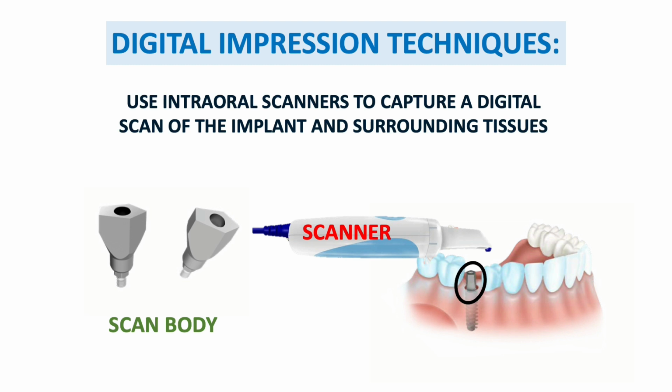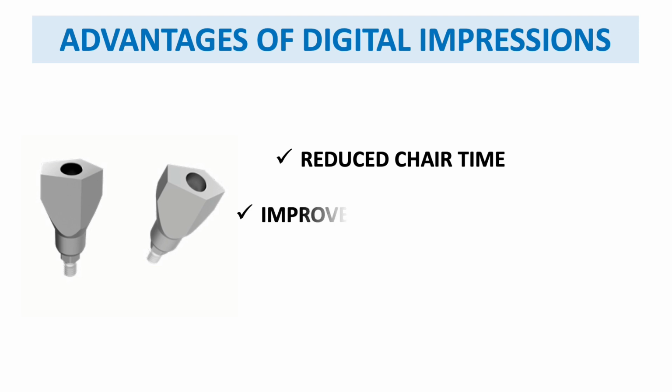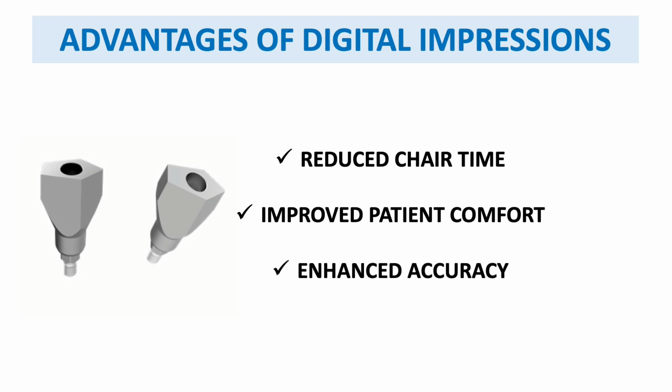Why is the digital impression technique popular nowadays? Because of the various advantages. It reduces chair time, because there is no need of taking an impression. You just have to put the scan body over the implant and scan that area. It improves patient comfort. There is no need to deal with the impression material. Most of the patients are not comfortable with the impression material. And hence, accuracy.